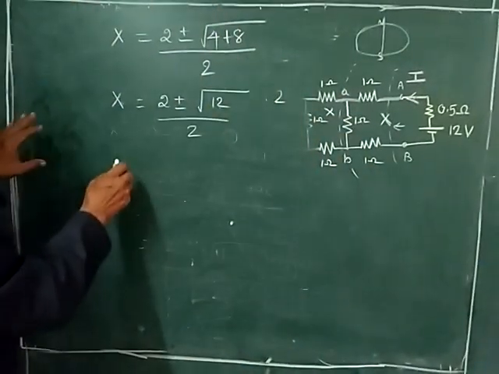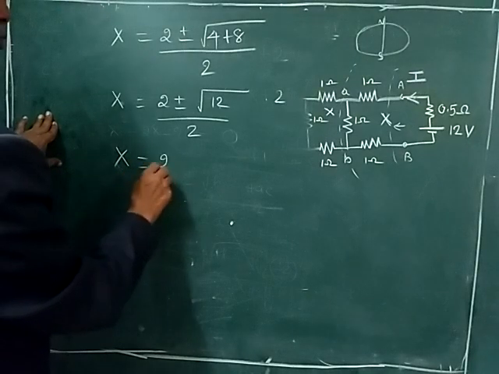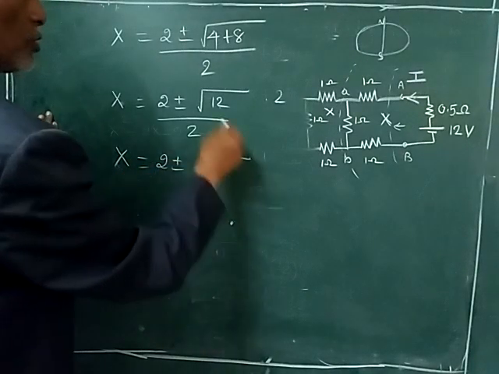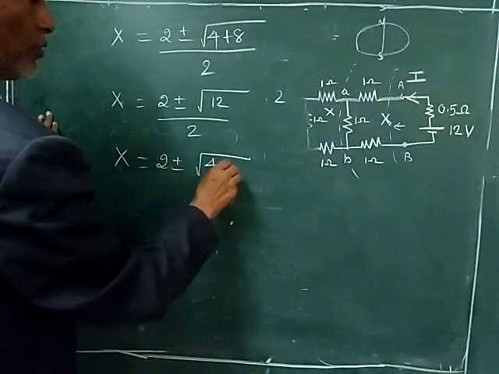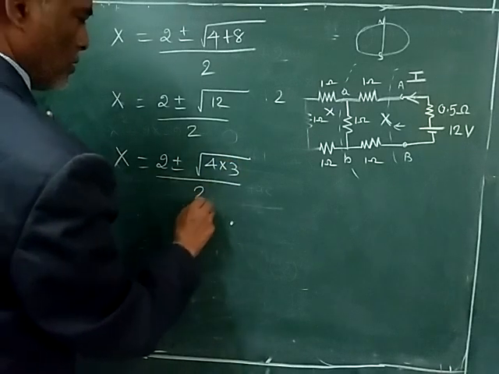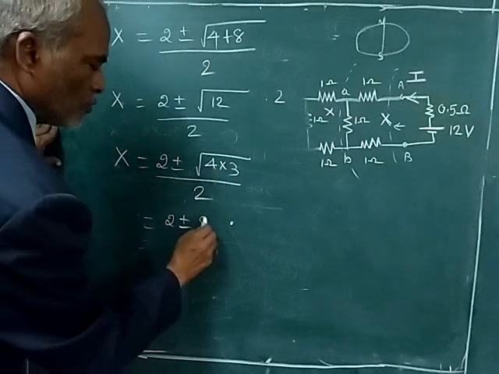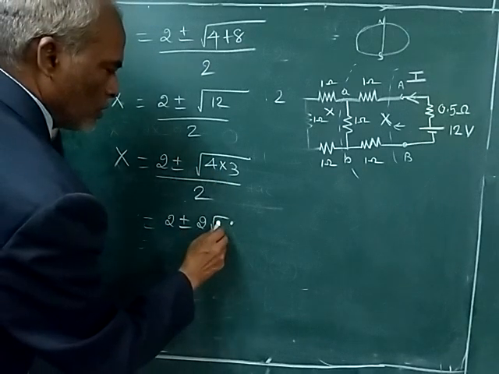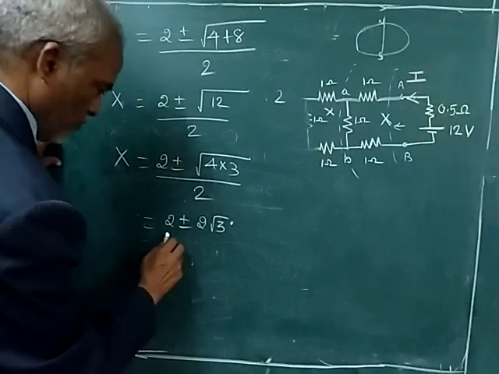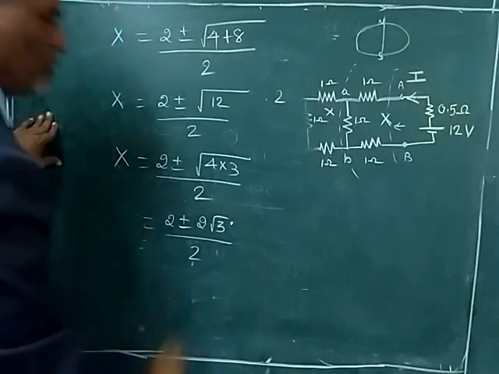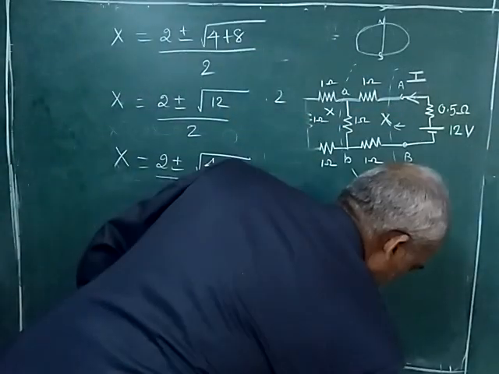So this will give you x is equal to 2 plus or minus root of, this 12 can be written as 4 into 3, 4 threes are 12. So 2 plus or minus root of 4 is 2, 2 root 3, we cannot take root for 3, divided by 2. Next step.